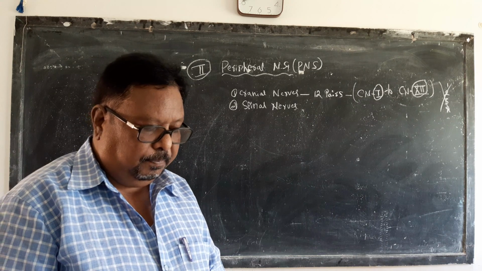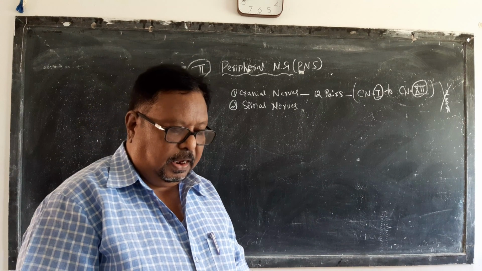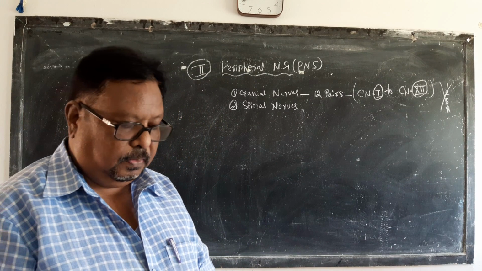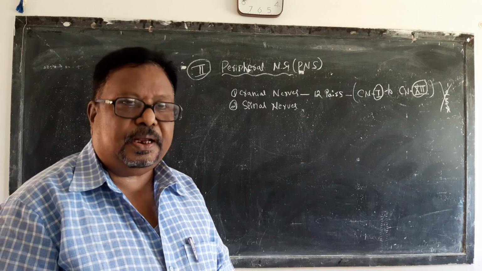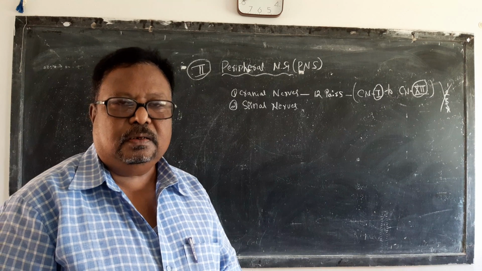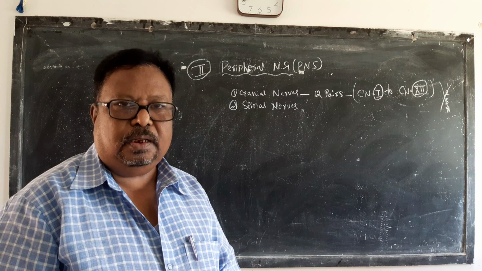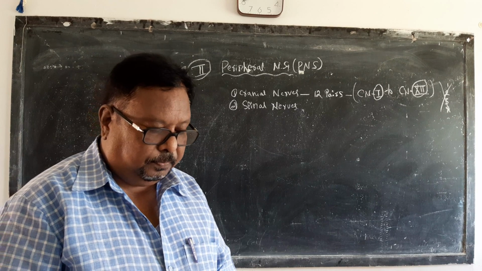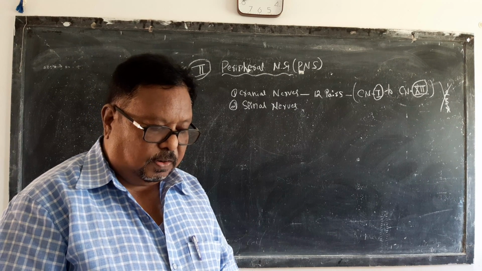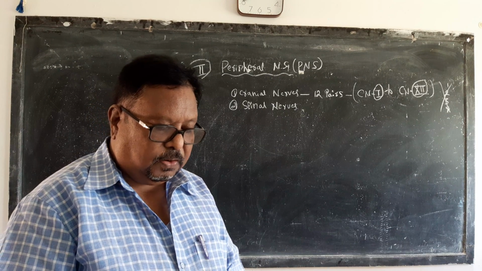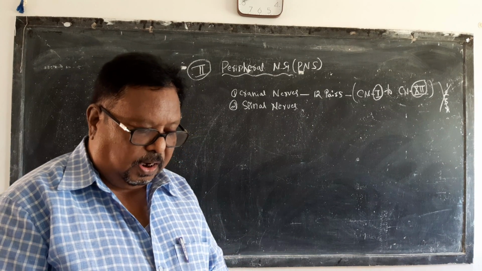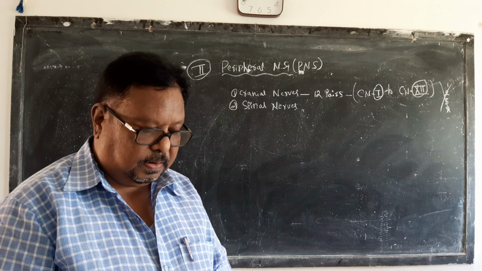Coming to the spinal nerves, the nerves that are attached to the spinal cord are called spinal nerves. They contain both sensory and motor fibers that pass out between vertebrae to the trunk, arms and legs.